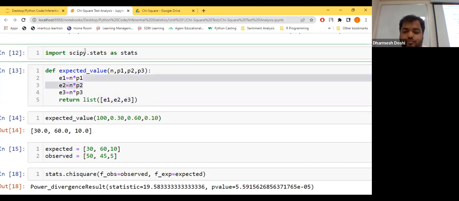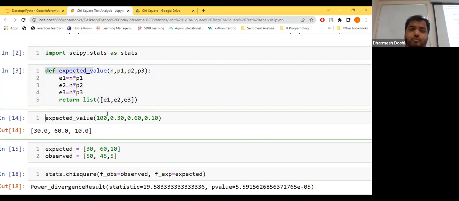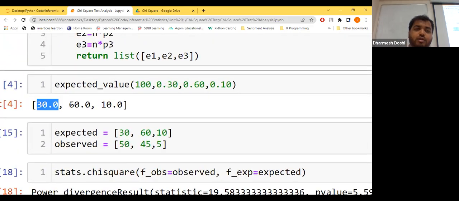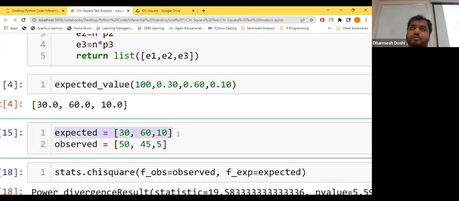I make this function. Then expected value is the function. I'm giving the data. What is the expected value we get, guys? 30, 60, and 10. I have written it over here. This is my expected data. This is my observed data.